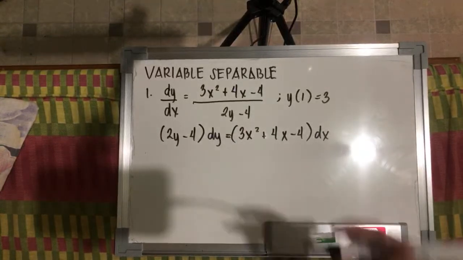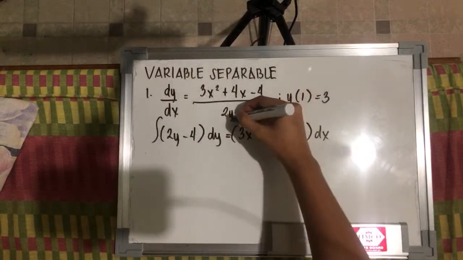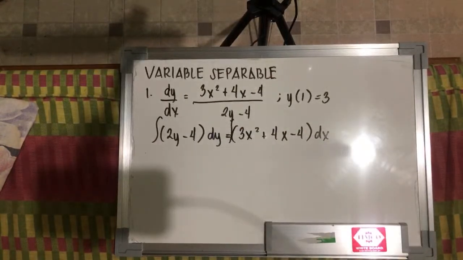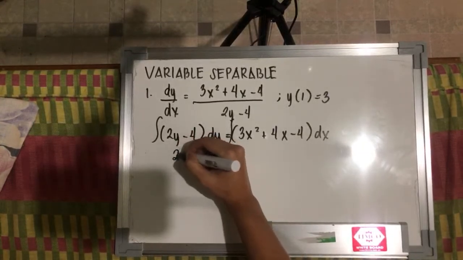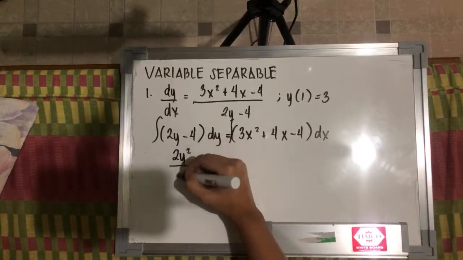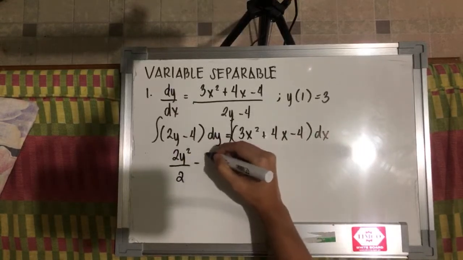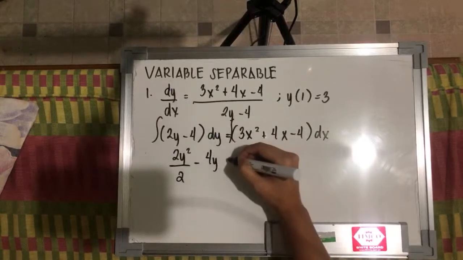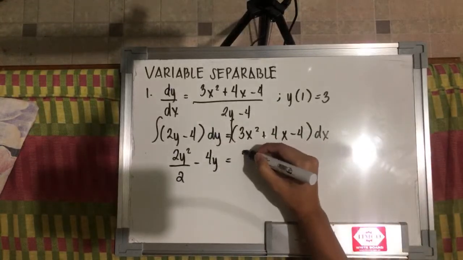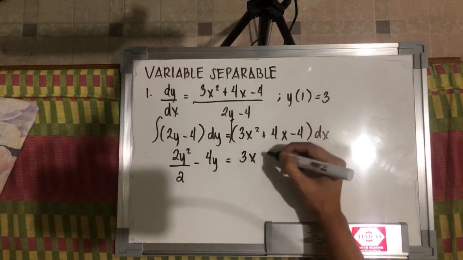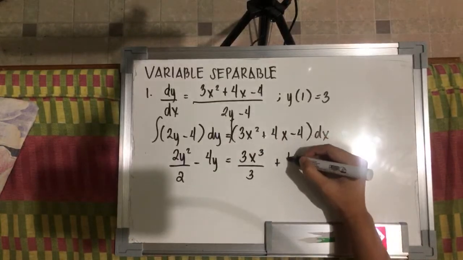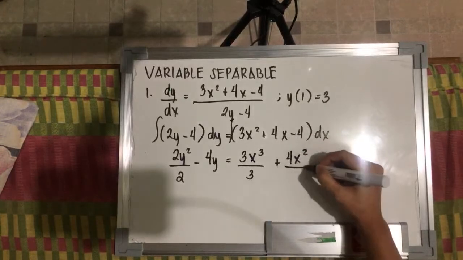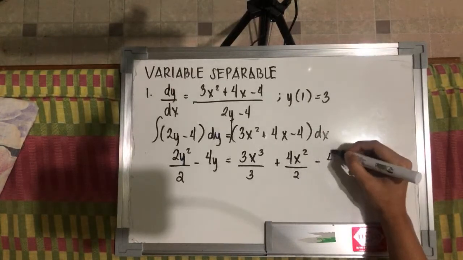So, by integrating these two, makukuha natin yung solution. So, pag in-integrate ko to, magiging 2y squared over 2 minus 4y is equal to 3x cubed over 3 plus 4x squared over 2 minus 4x.